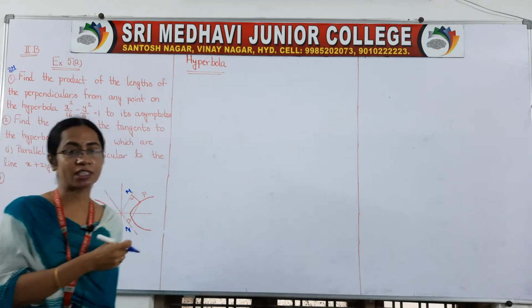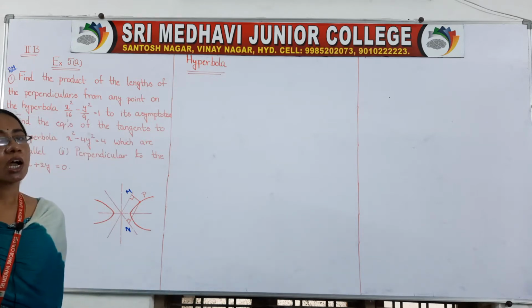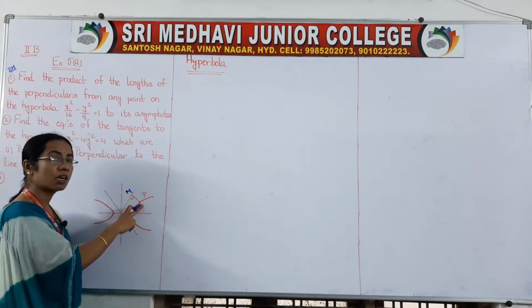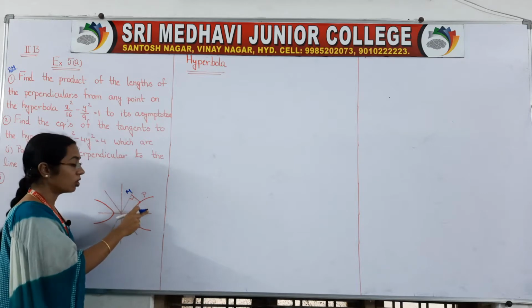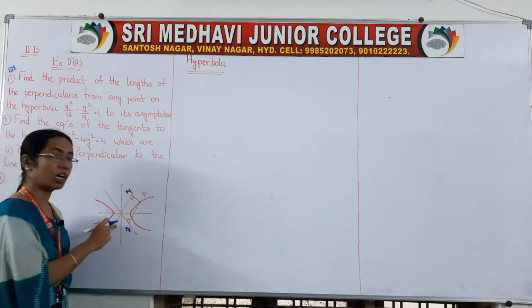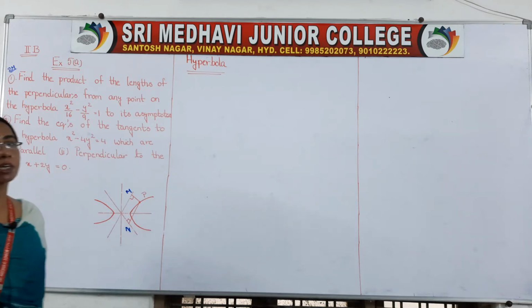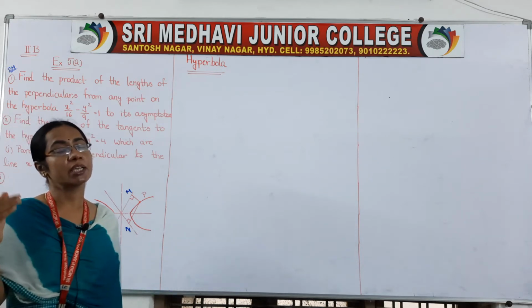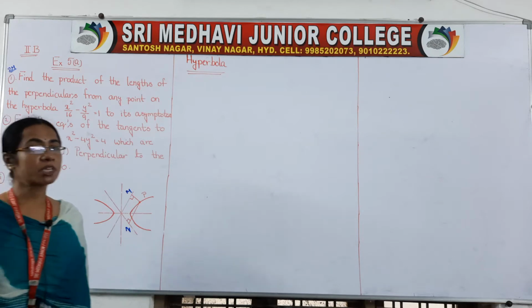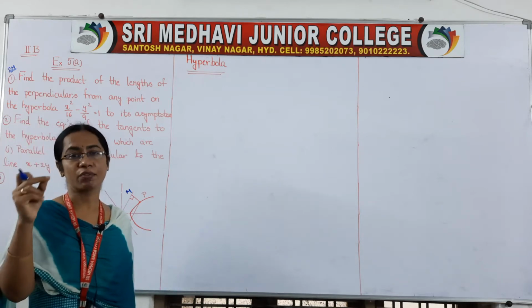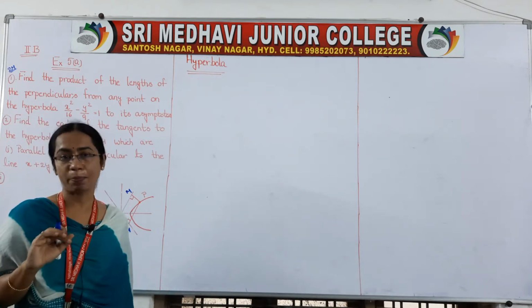We discussed what is meant by asymptotes, and from the point on the hyperbola to the asymptotes, if we draw the perpendiculars, their product is nothing but a square into b square by a square plus b square. That means we should know what is a and what is b for the hyperbola.